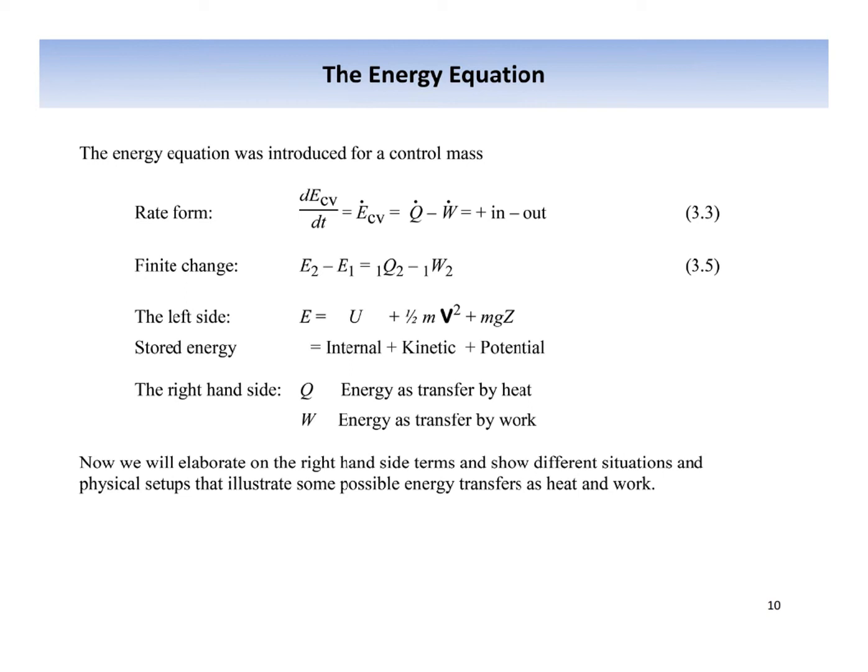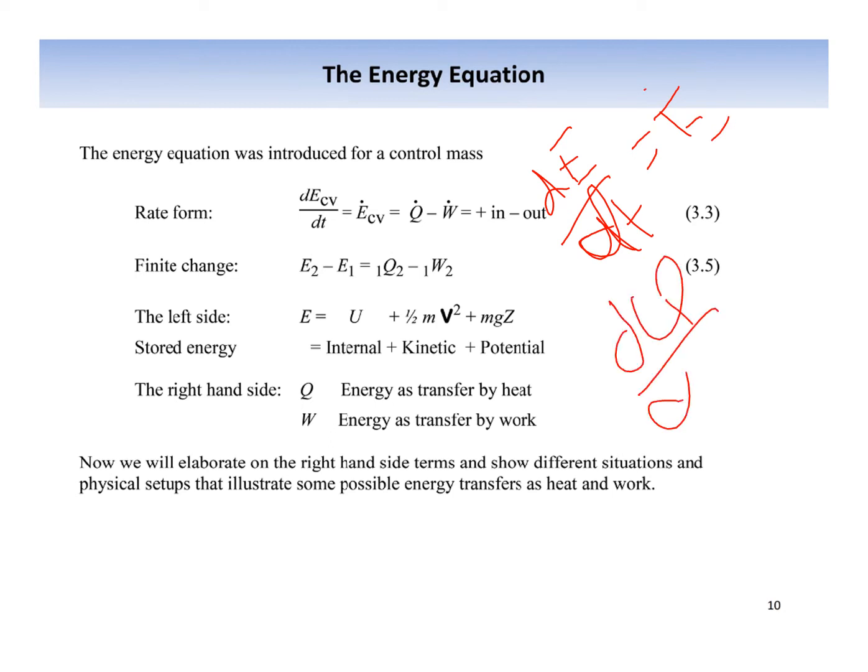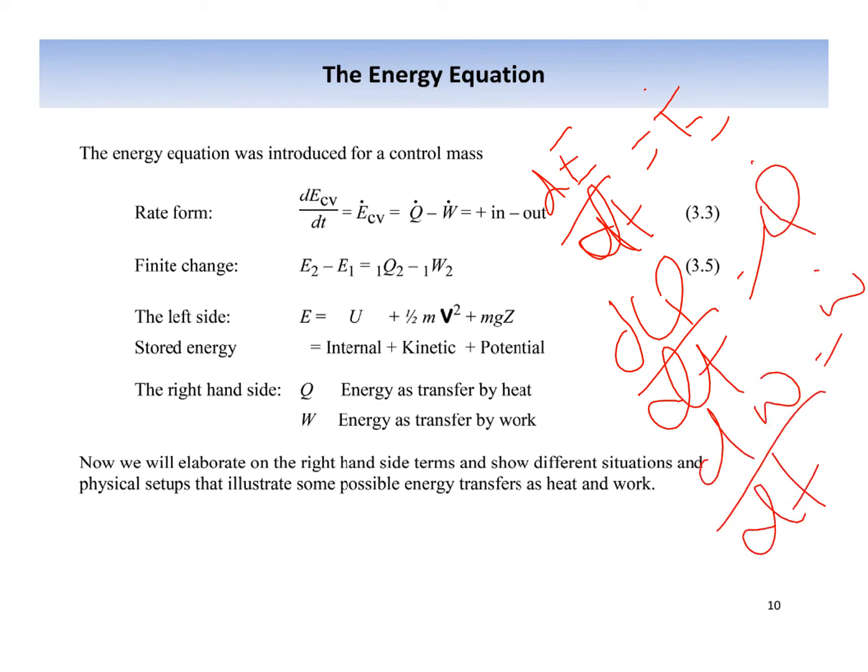So if we have E and we take its differential with respect to time, we may denote it as E dot. Similarly, dQ over dt is Q dot, and dW over dt is W dot. So mostly dot represents when we take a differential with respect to time.